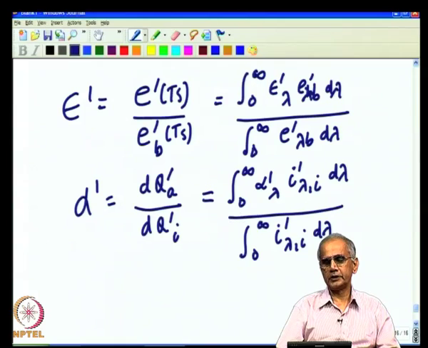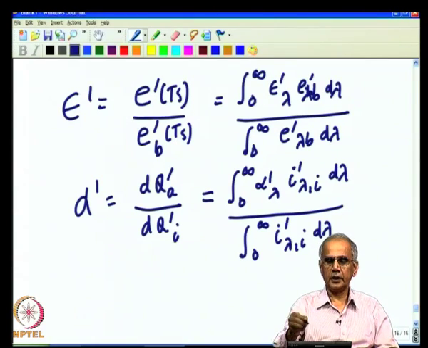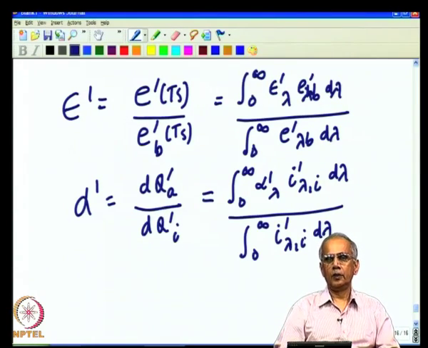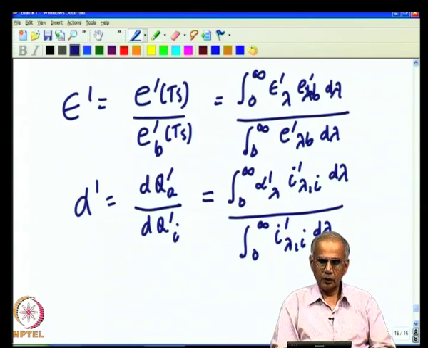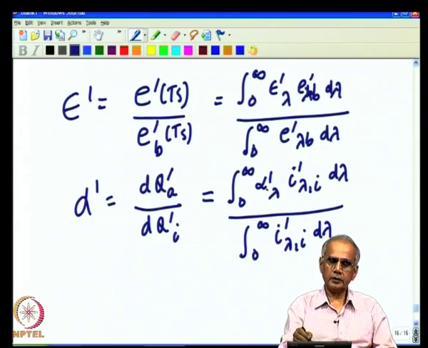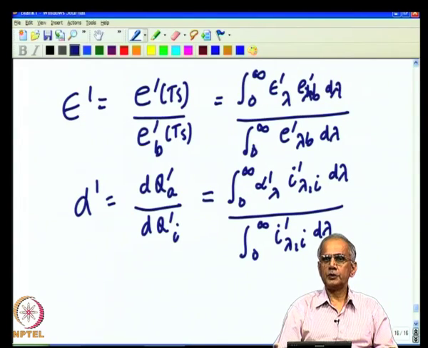Now, you see there is a very basic difference between this integration and this integration. When I am integrating the directional spectral emissivity, my weighting function is that of the blackbody at the temperature of the surface, while when I am integrating the directional spectral absorptivity, I am integrating with the amount of radiation incident on that object from some source, which may not be a blackbody.